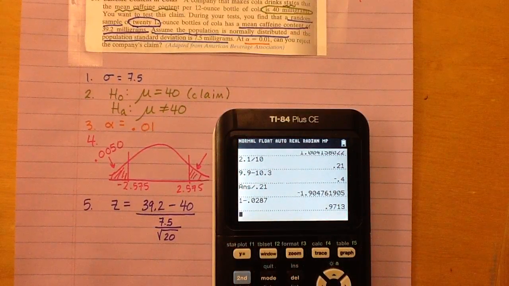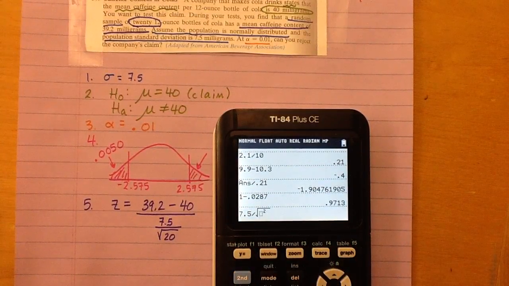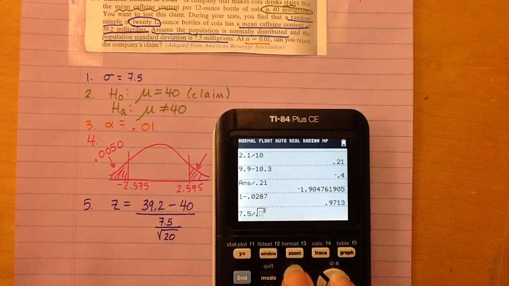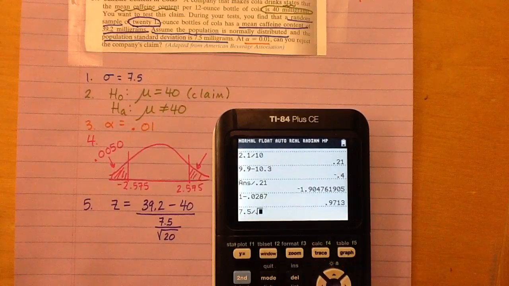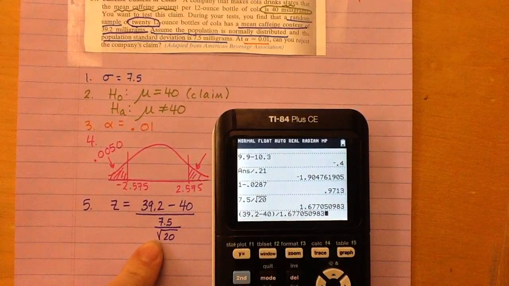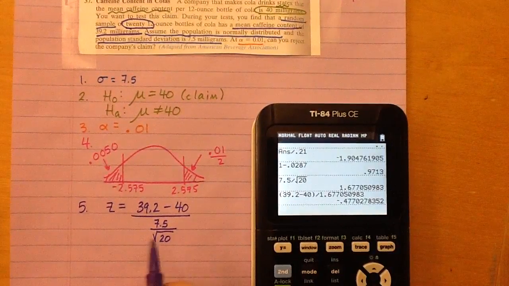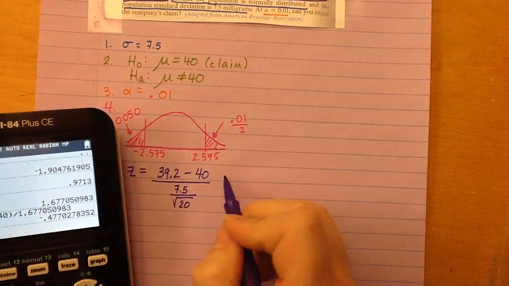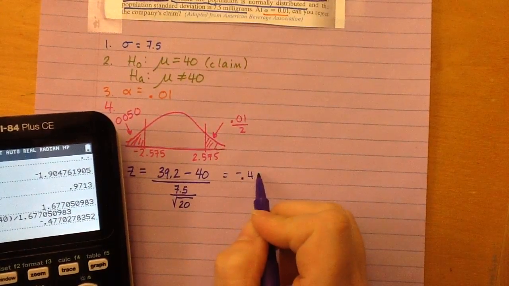So we've got 7.5 divided by square root of 20. And then I need 39.2 minus 40 divided by that number, and that gives me a z-score of negative 0.48.